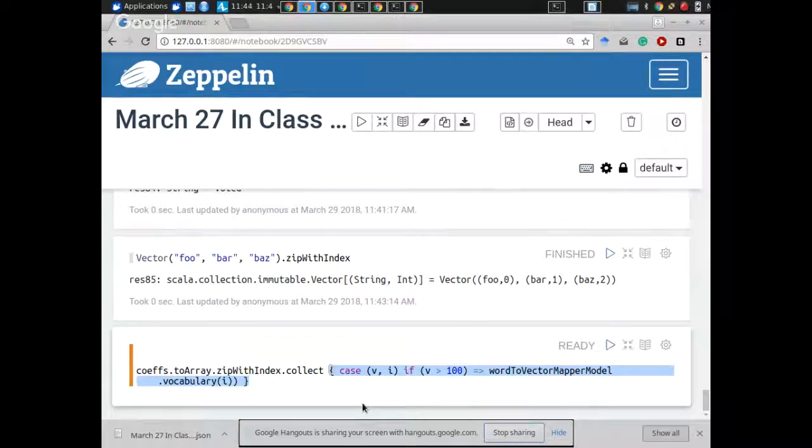So what is this thing here? It begins with a P. Yeah, it's a partial function. And it only collects those things. Remember we used collect before? It only collects those things for which the partial function is defined.